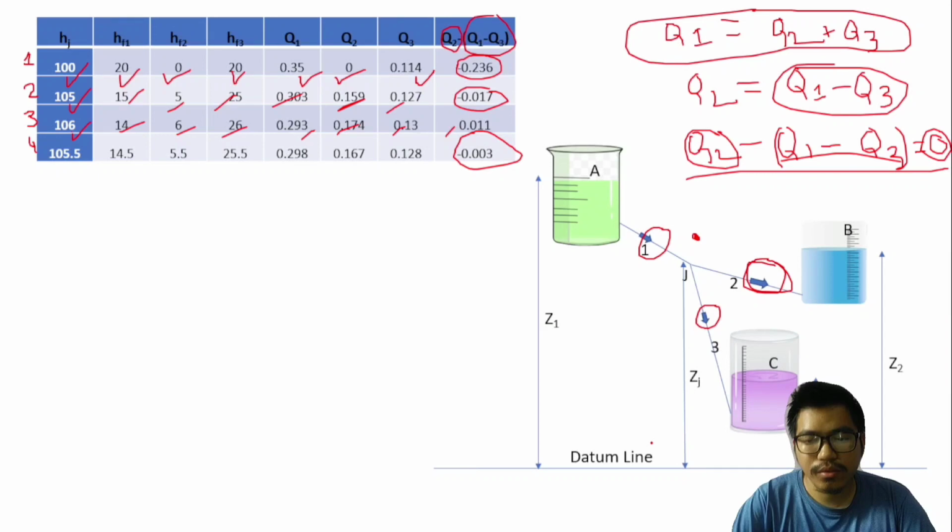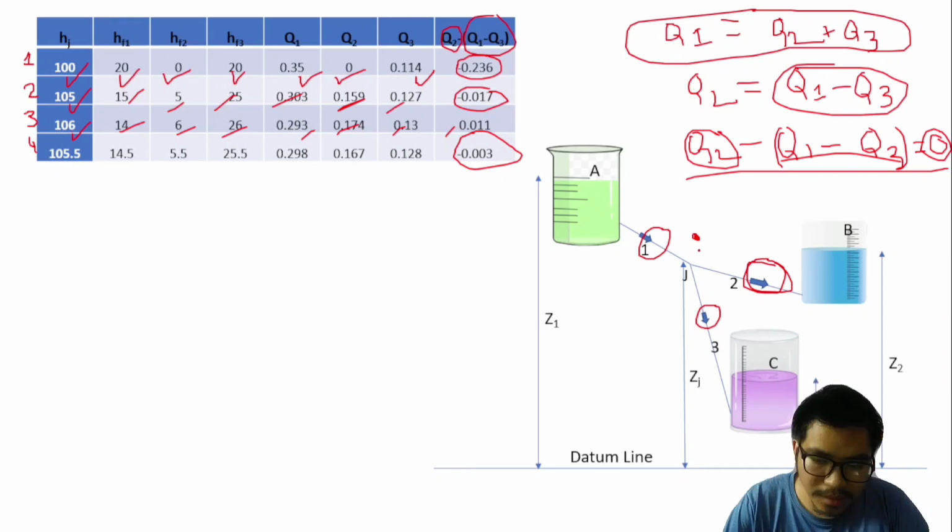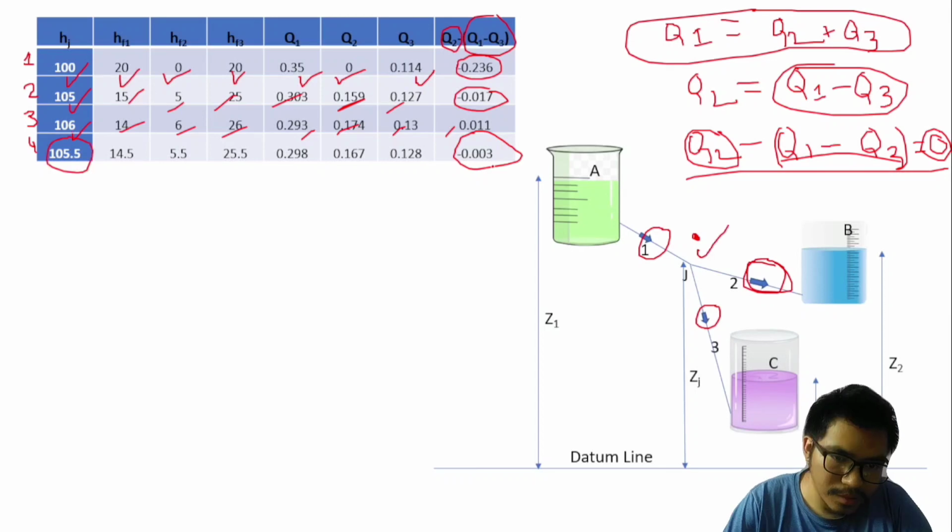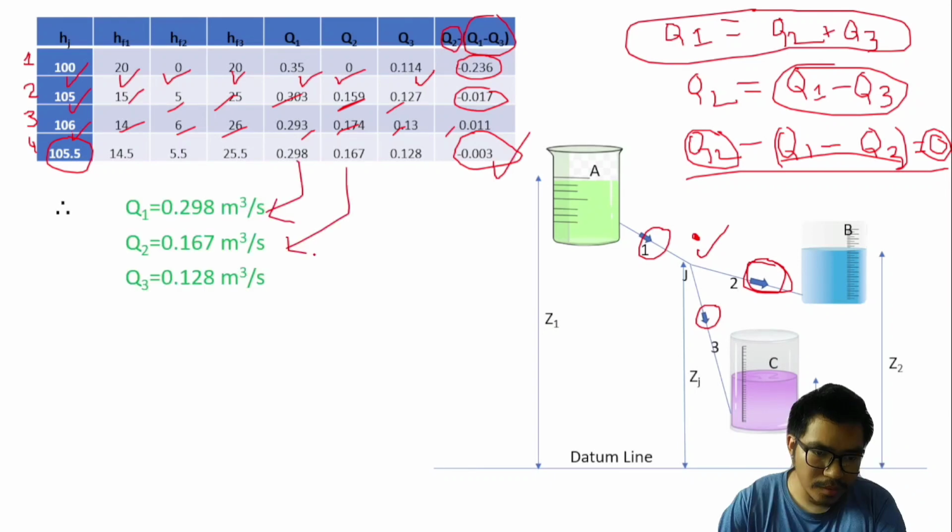To decrease Q2, we slightly reduce the head at junction J to 105.5. In this way the difference is nearly equal to 0, so we stop the iteration. So Q1 is taken from here, Q2 is taken from here, and Q3 is taken from here.